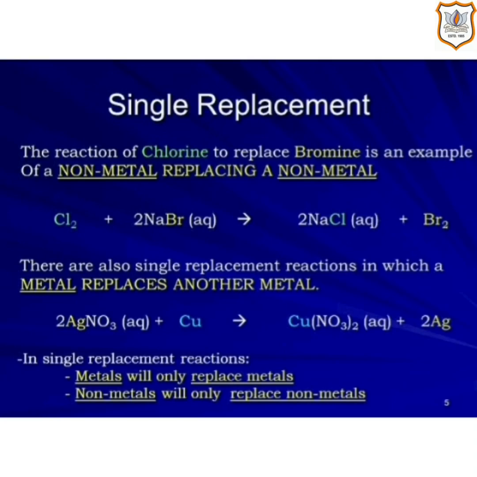Here Cu is more reactive than silver, so it replaces Ag, meaning silver, from silver nitrate solution and we get copper nitrate. Here you must remember that metals will only replace metals and non-metals will only replace non-metals.